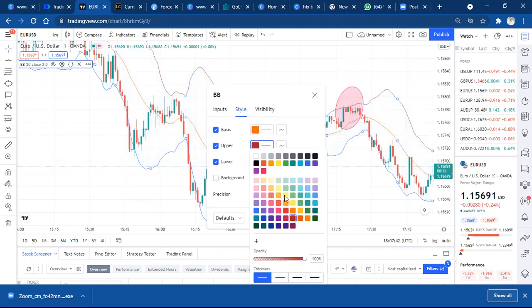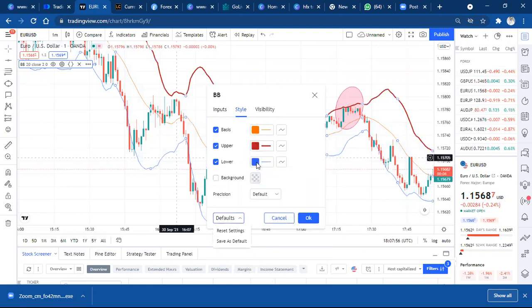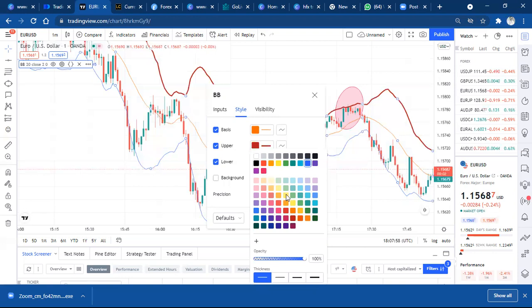If you want all your lines to be red, you can change the opacity and you can make it thick. All right. You can touch your lower line, it is blue, you can make it thick.